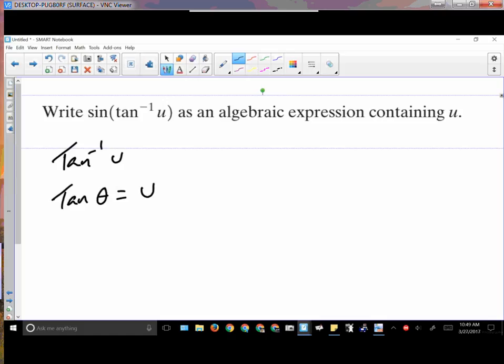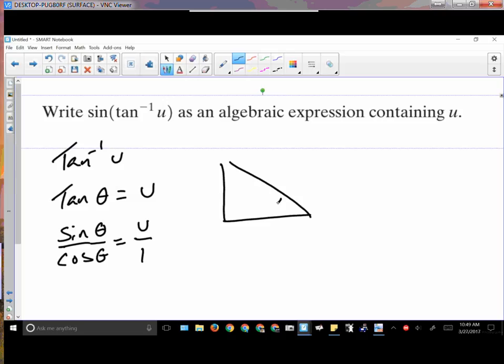Is this correct? Now, tangent is sine over cosine. So that means sine theta is going to be equal to u over 1. So, triangle. Here's our theta. So, cosine is equal to what over what?